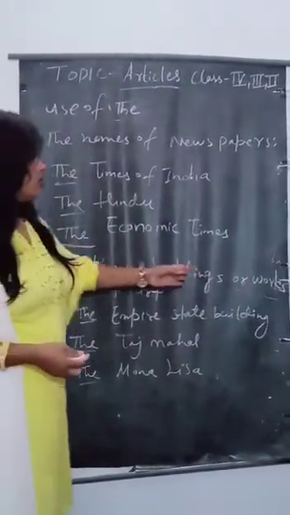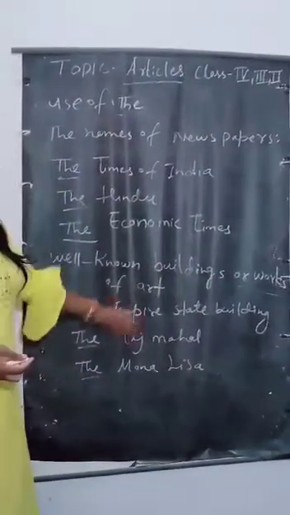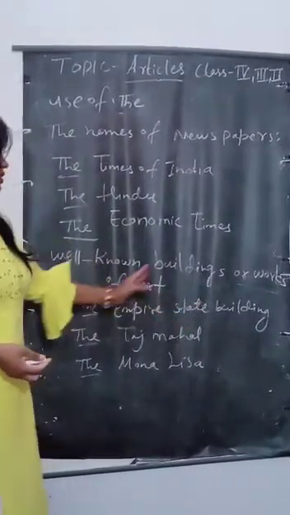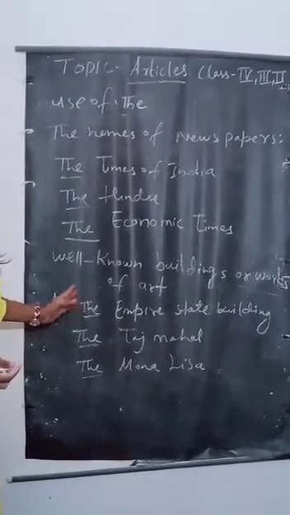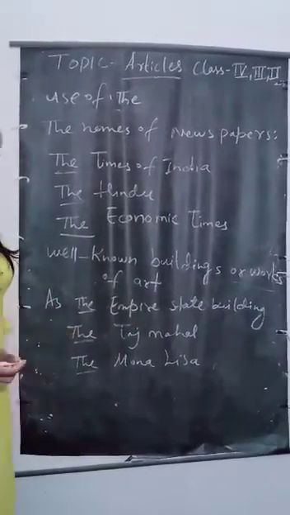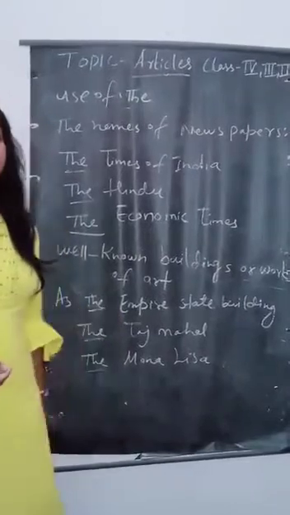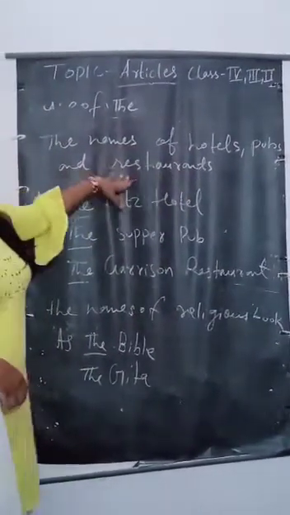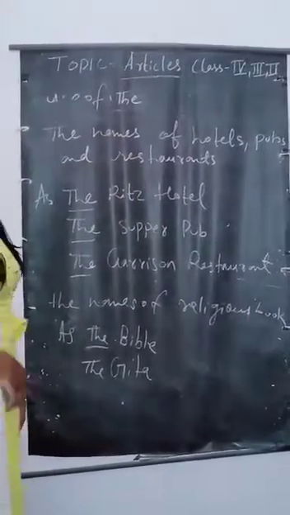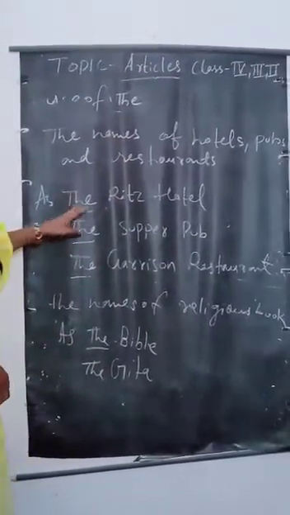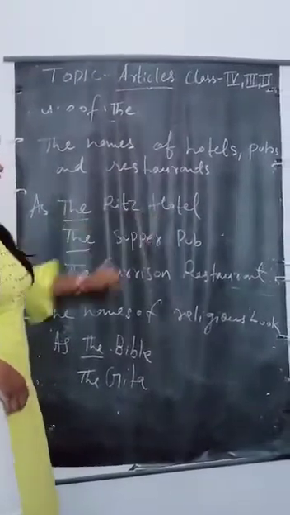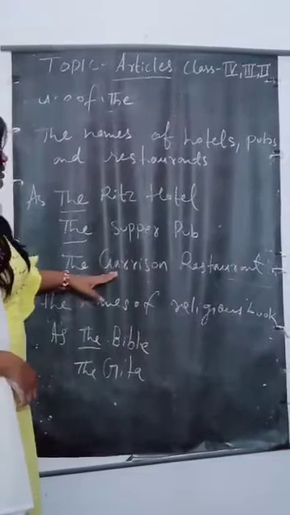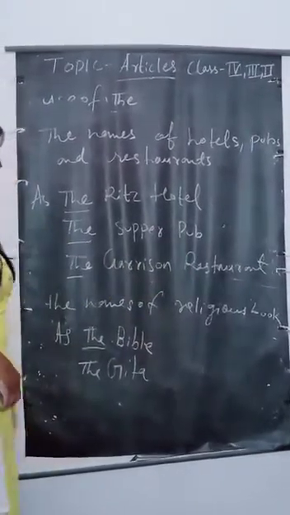Well known buildings or works of art, like the Empire State Building, the Taj Mahal, the Mona Lisa. Students, the names of hotels, pubs and restaurants also use the: the Ritz Hotel, the Super Pubs, the Garrison Restaurant.